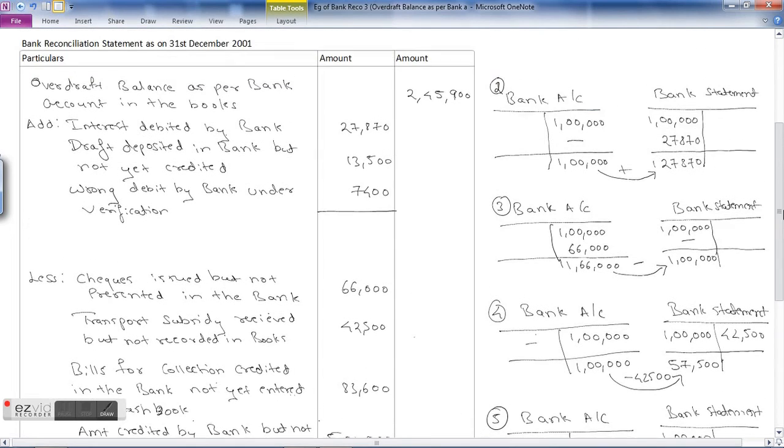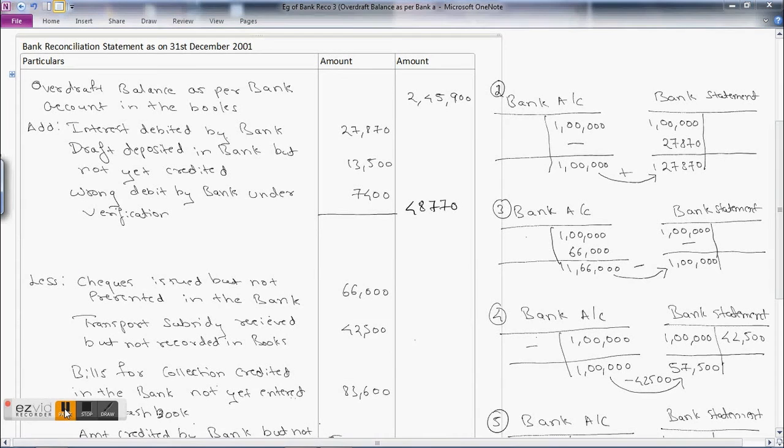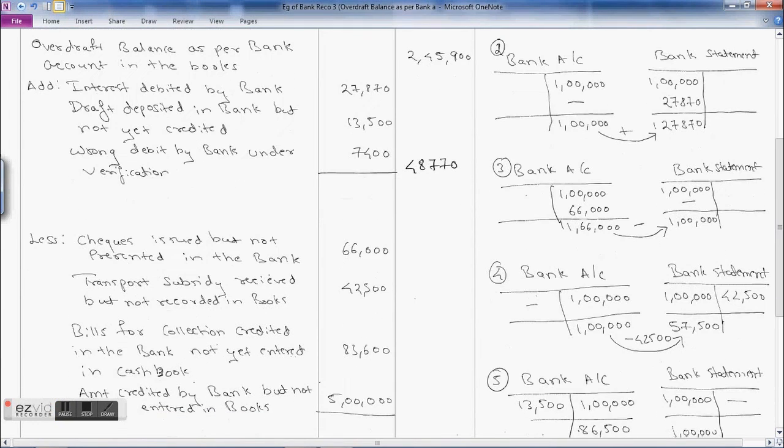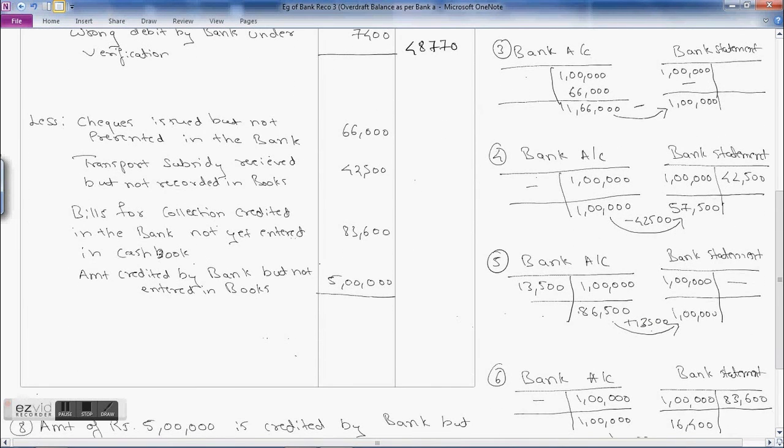Now let's recalculate. So 2,45,900 is the same, that is the overdraft balance in the bank account. Additions also, we have not made any changes, so the total in the additions will also be the same, that is 48,770. Then we'll calculate the total of all this: 66 plus 42,500 plus 83,600 plus 5 lakhs.